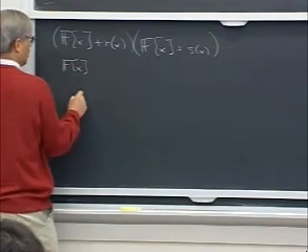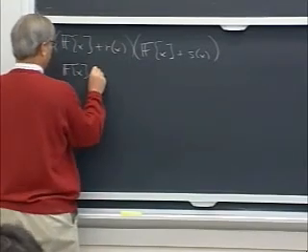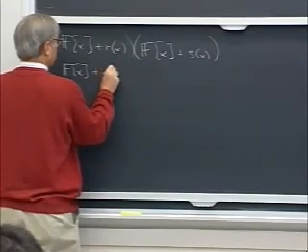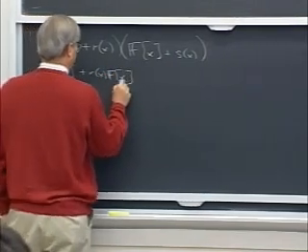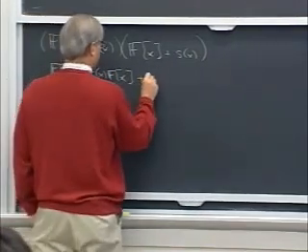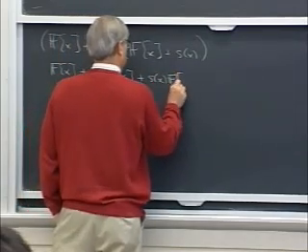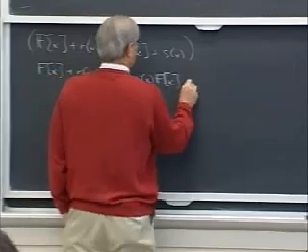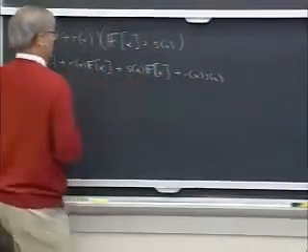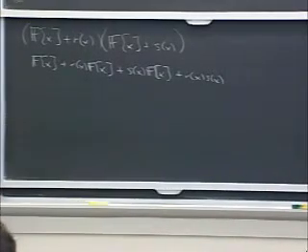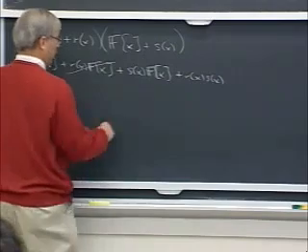Any polynomial times a polynomial is a polynomial, plus r of x times a polynomial multiple, plus s of x times a polynomial multiple, plus r of x, s of x. But this is a polynomial. It's included in here. We don't need to say that again.